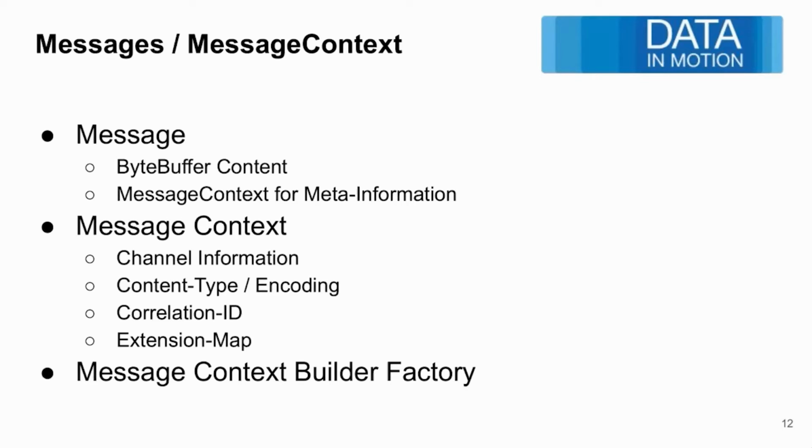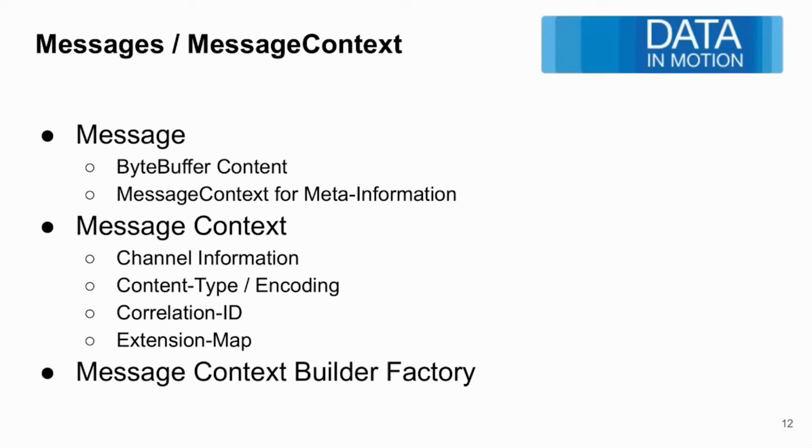It holds information such as content encoding, content type, correlation ID. Also, additional headers can be put into an extension map. This allows users to place vendor-specific data into the context, and with that, this can be forwarded to an implementation.